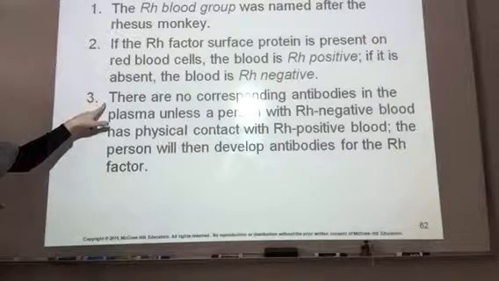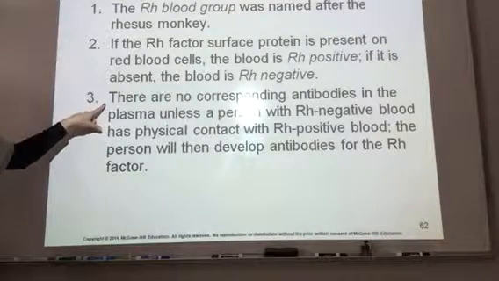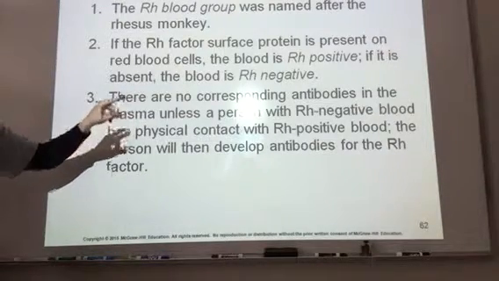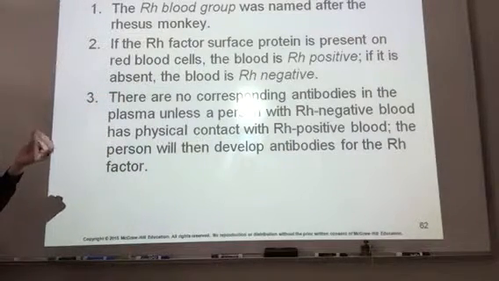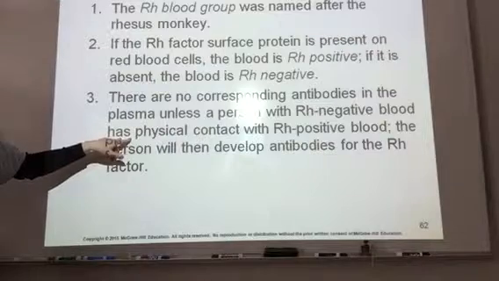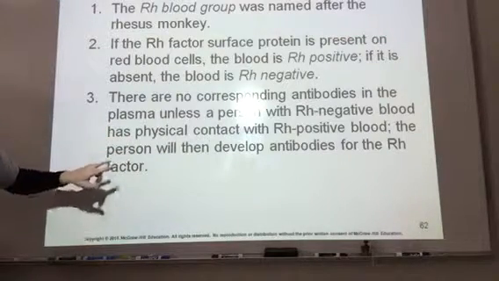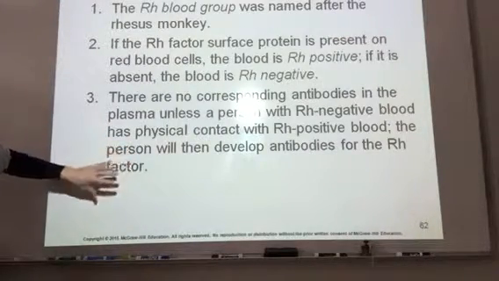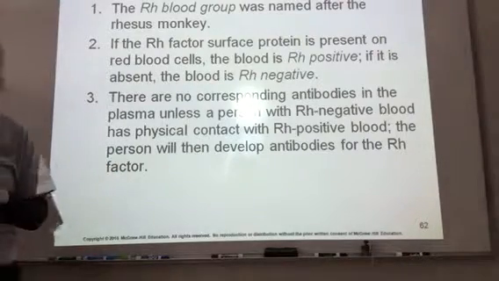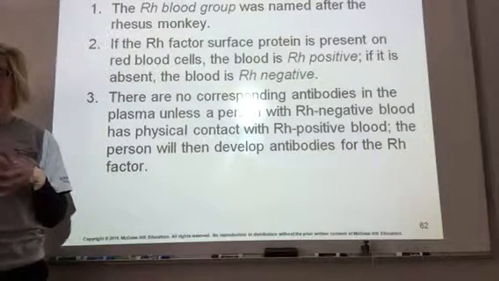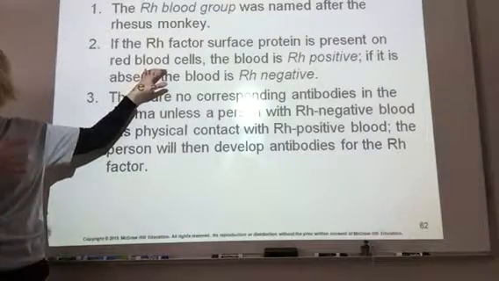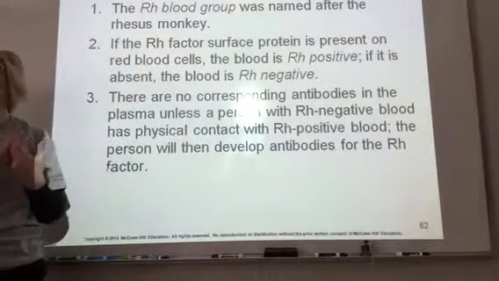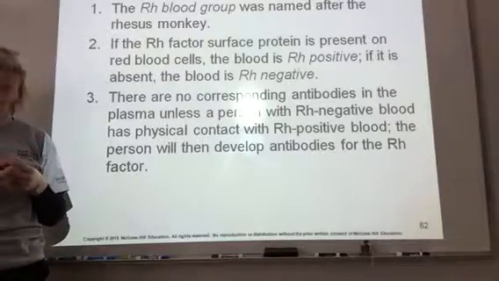There are not corresponding antibodies in the plasma unless a person with Rh negative blood has physical contact with Rh positive blood. The person then will develop antibodies for the Rh factor. Unlike your blood cells, I am O positive, so I have the positive. It's not going to affect me. I'm not going to produce antibodies ever.